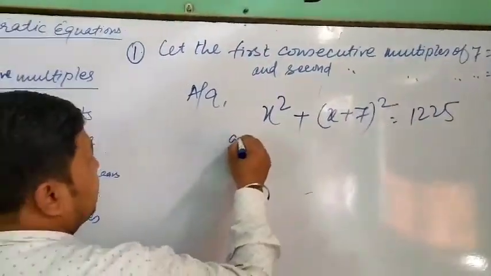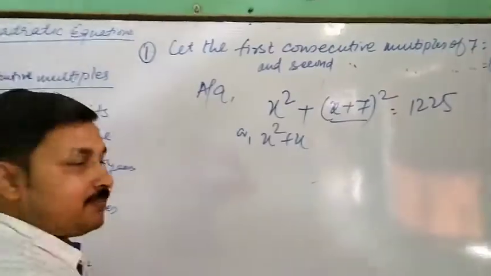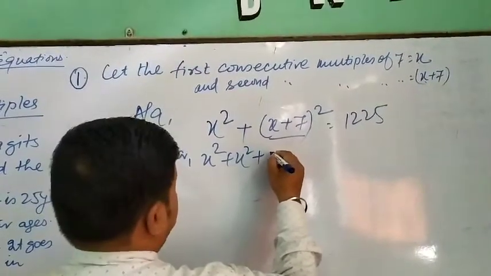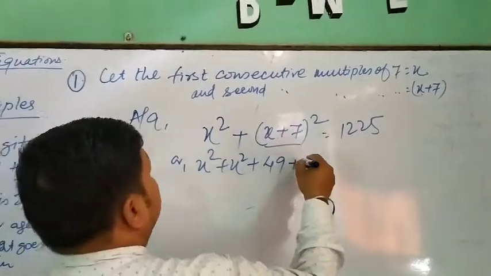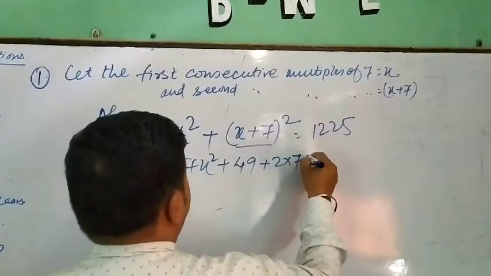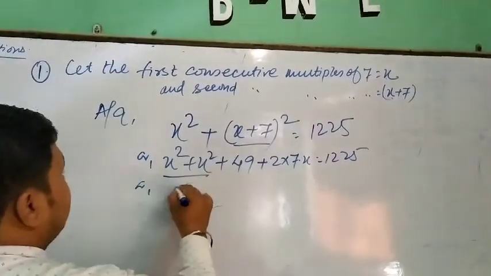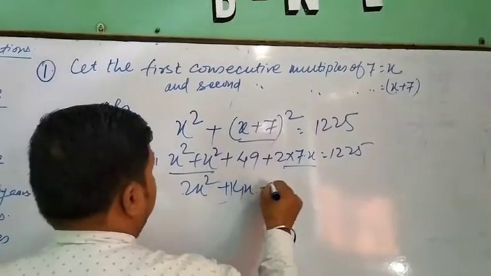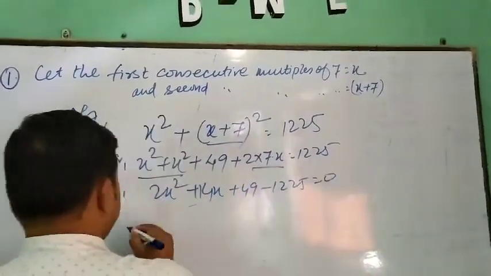Now we solve that. (x plus 7) the whole square is in the form of (a plus b) whole square, so x square plus 49 plus 2 into 7x equals 1225.